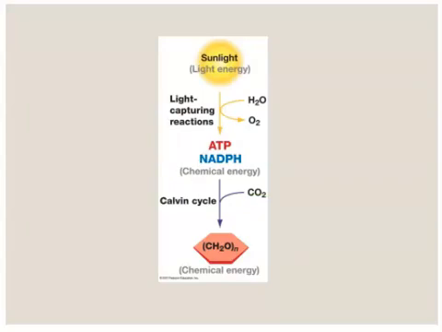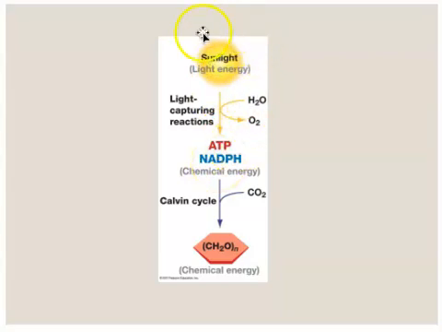So if we go back to our sunshine diagram, we've now taken energy from the sun, and through the light-dependent reactions, through the actions of photosystem 2 and photosystem 1, in addition to what happens with water, we've created both ATP and NADPH.